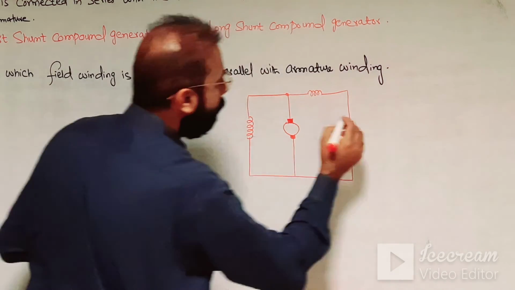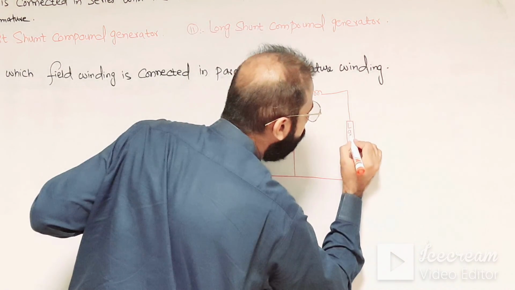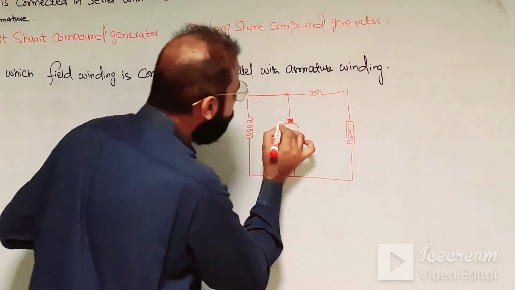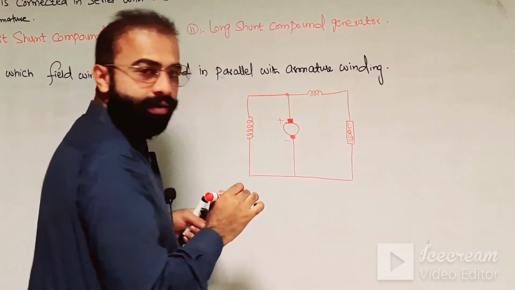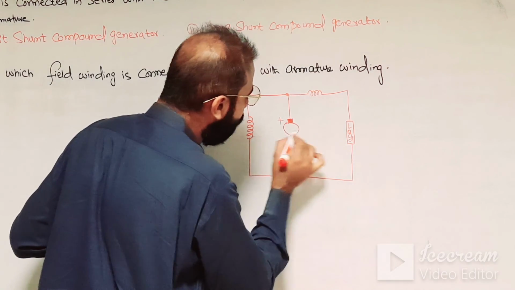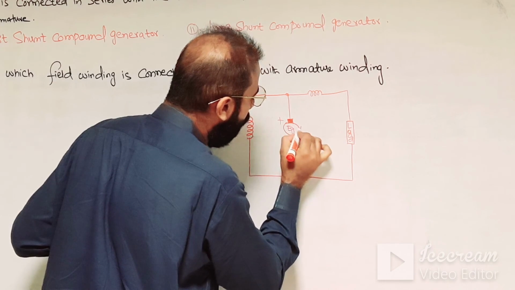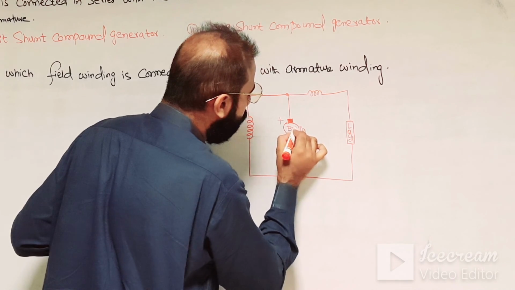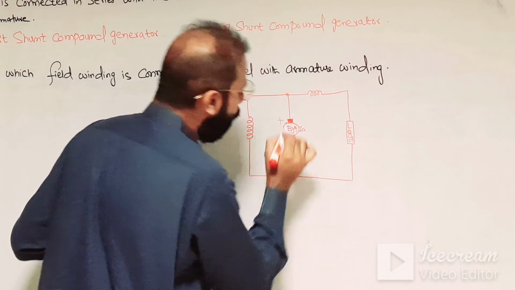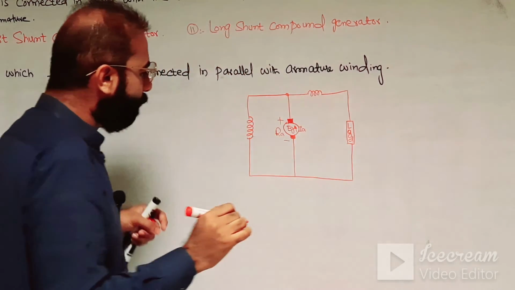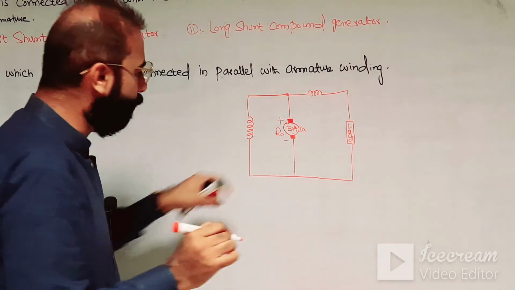This is the load. These are the carbon brushes, positive and negative. This is the armature in which the Eg is produced and also Ia is produced. So this is the direction of the armature current. Ra represents here the resistance of the armature.